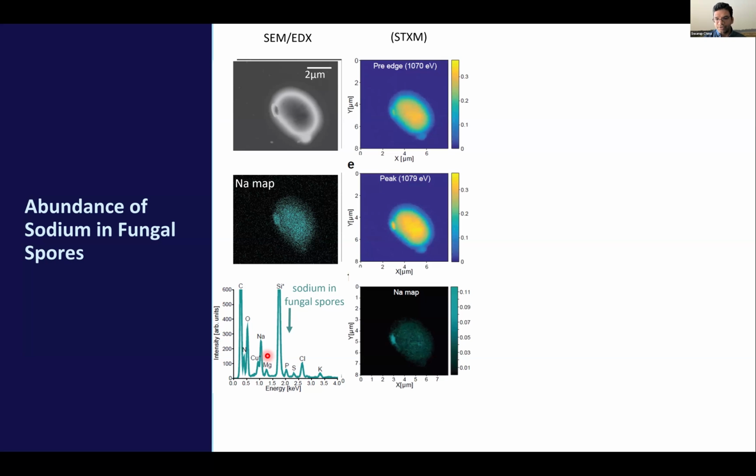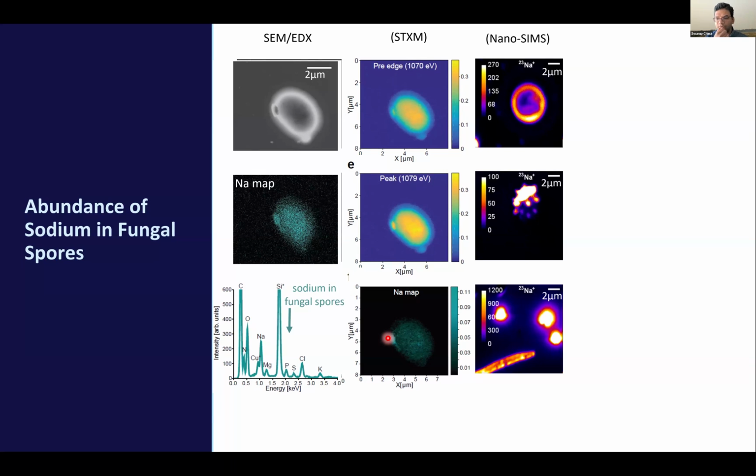So then we used the STXM, and this is a high energy STXM, since the sodium energy is around 1000 eV. This is the same particle you can see, and we observed that indeed these particles contain sodium. Then we still wanted to make sure, whatever their distribution, so we looked at these particles under NanoSIMS, which again was explained in the previous talk.